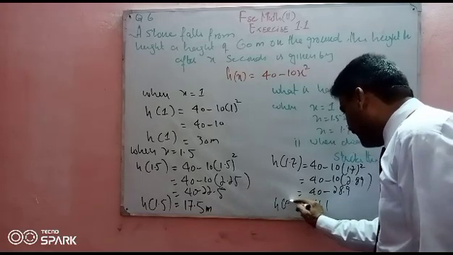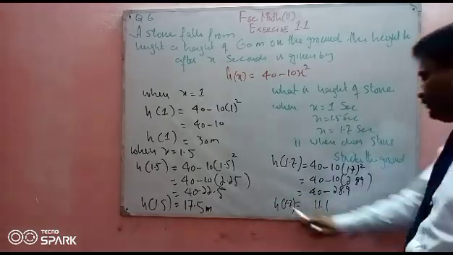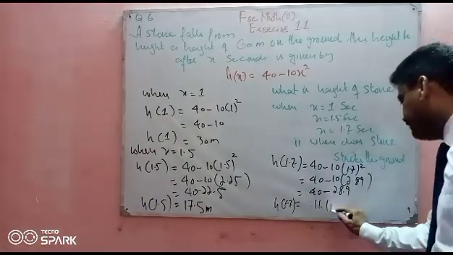So h(1.7) means after 1.7 seconds, the height will be 11.1 meters.